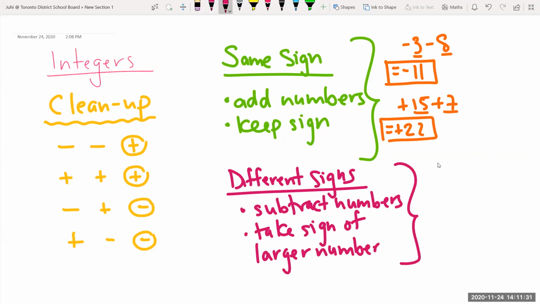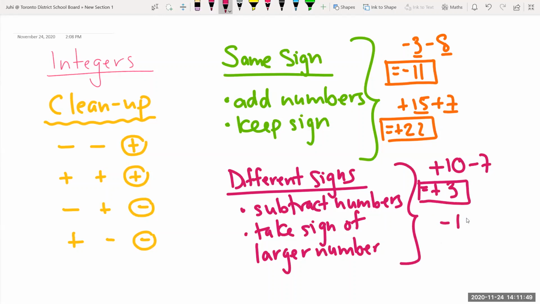Okay, so for example, if you have something like +10 minus 7, clearly these numbers have different signs. One is a positive, one's a negative. You're going to subtract these numbers. 10 take away 7 is 3. And the sign of the bigger number is 10. The sign is positive, so it's just going to be +3.